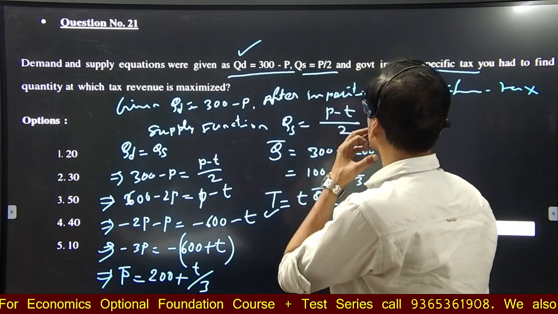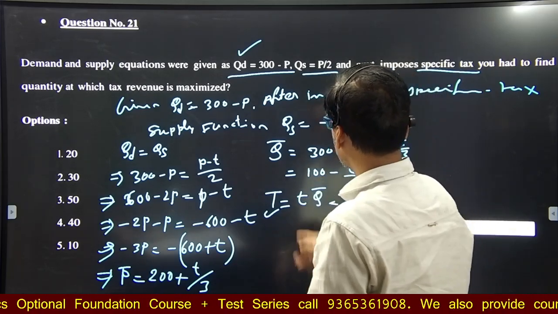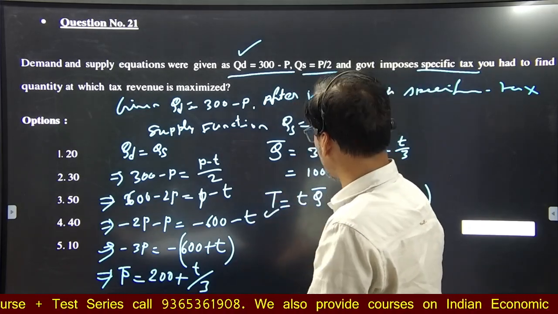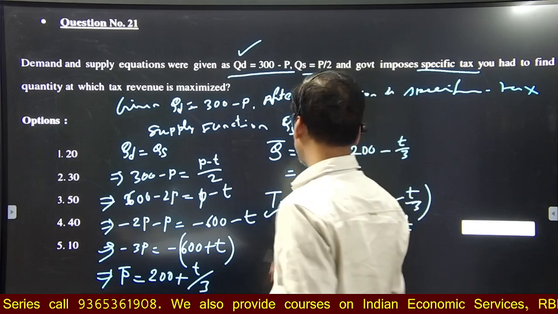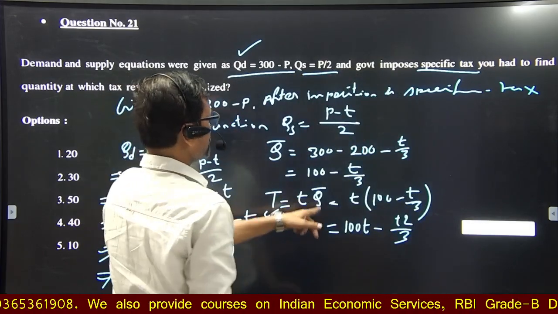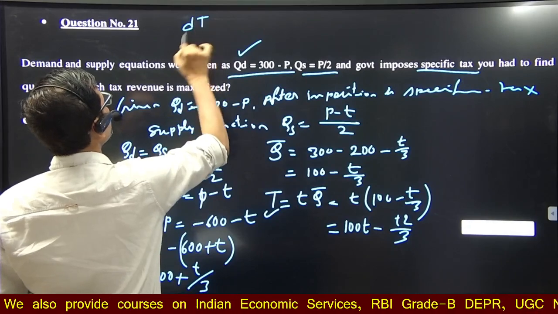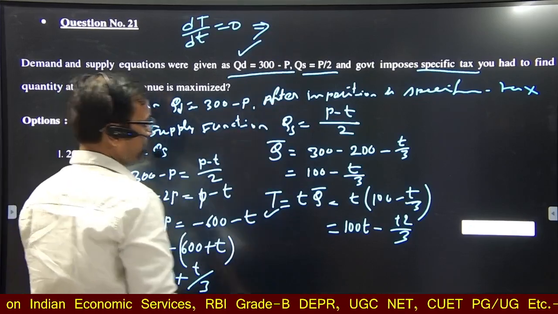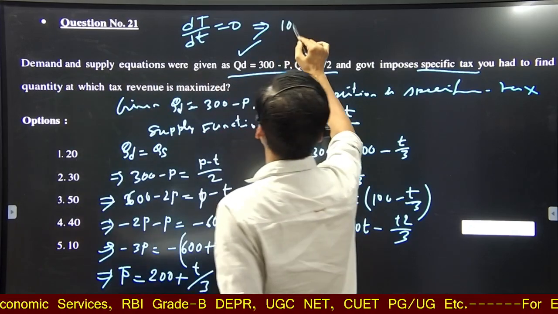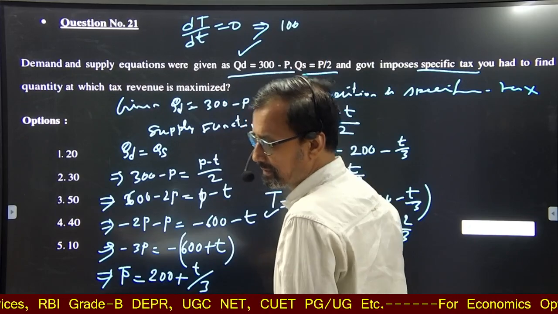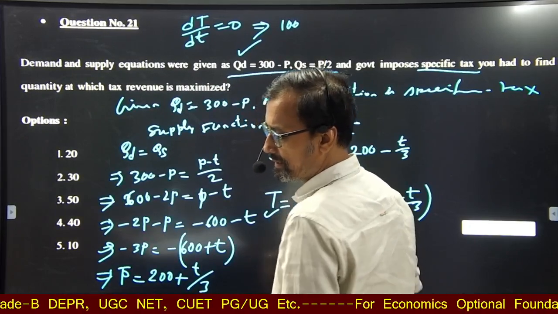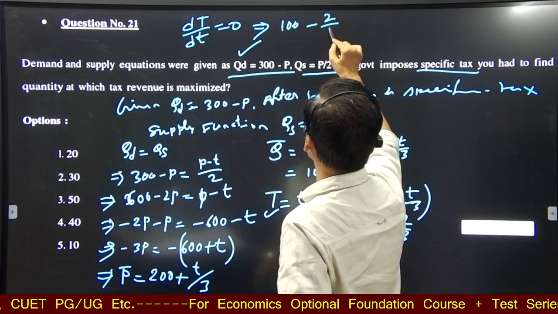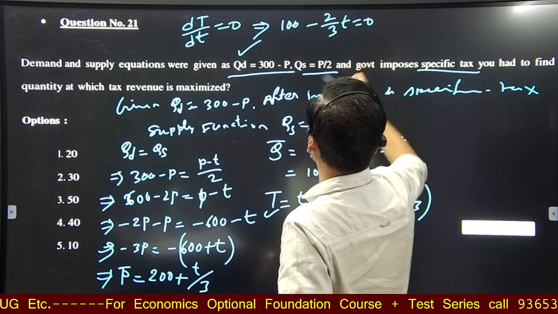Now, in order to find the tax rate at which the total tax will be maximized, we need to differentiate with respect to T, that is dTR/dT equals 0. So that implies 100 minus 2 by 3 T is equal to 0.